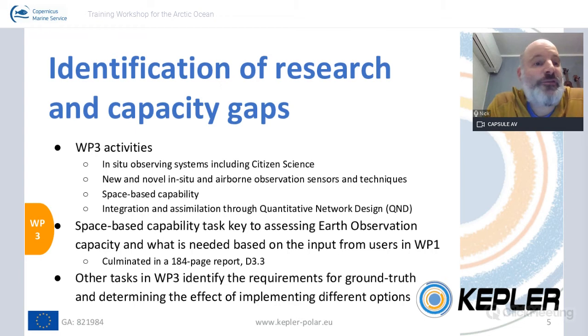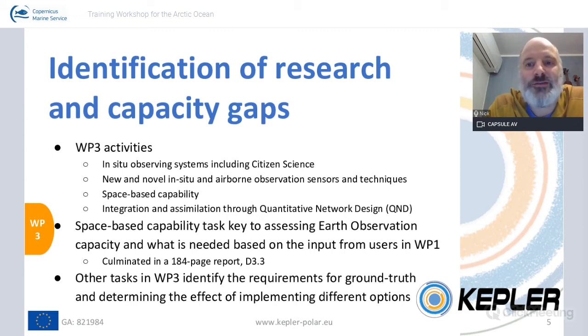Work package 3, which Carolina will address in her presentation in a few minutes, is identifying the research and capacity gaps. This looked at the in situ observing systems. We've already seen some of the comments that we recognise there is a lack of in situ observations, particularly from the Arctic.